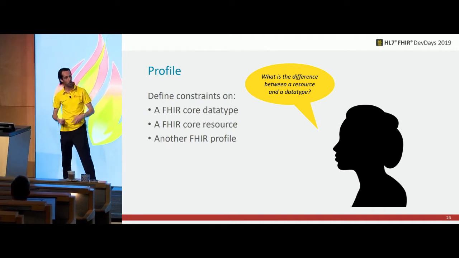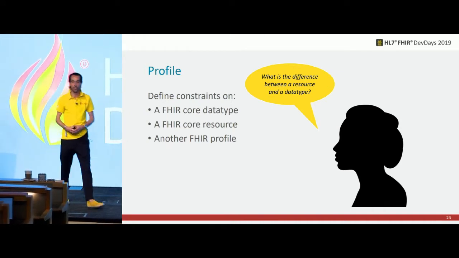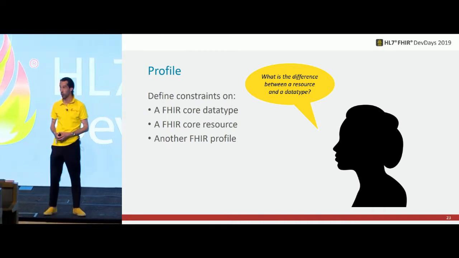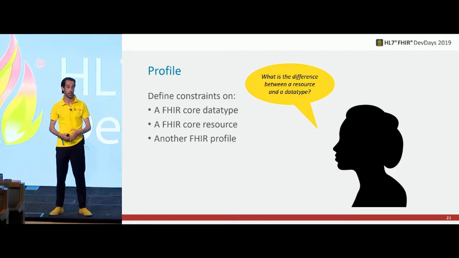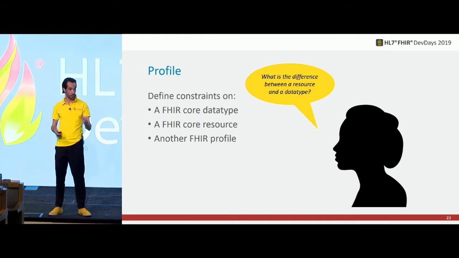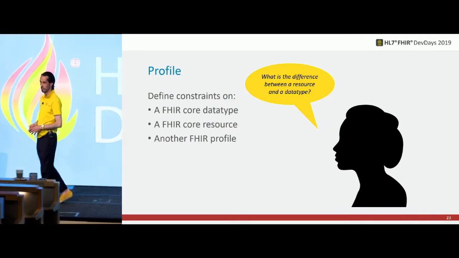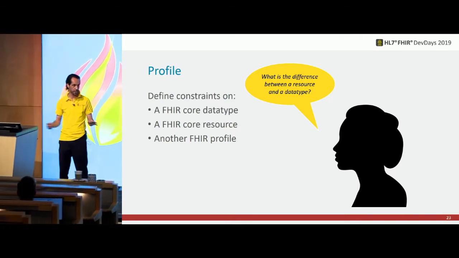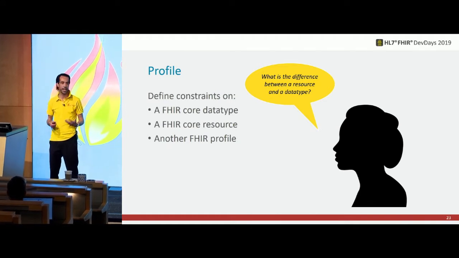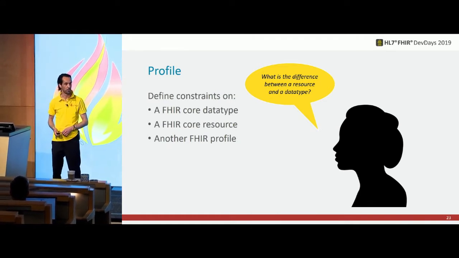So a data type is always part of a resource. You can't push an address to a server. An address is always part of a patient. And then you get that patient back from the server, and the patient has an ID. There's no way of an address having an ID. It always belongs to something. So data types are always components of a resource. In all other aspects, they're exactly the same. But they can't stand on their own on a server. They're always part of a resource. So that's the difference.